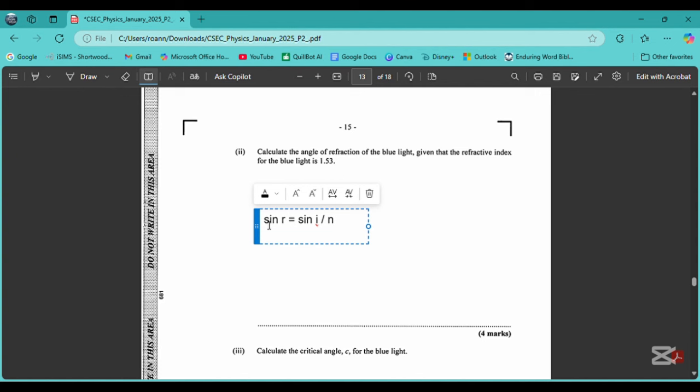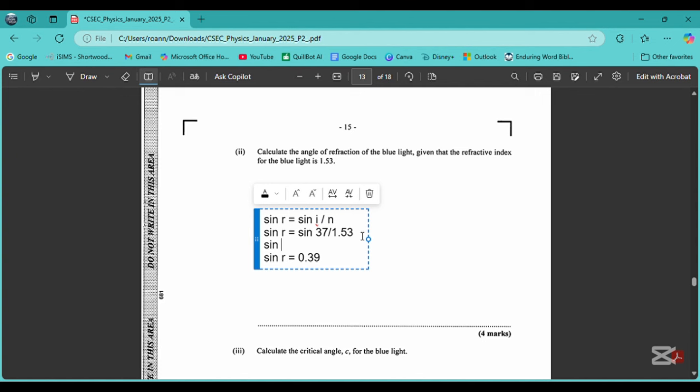But let's work with it like this. Sine r is equal to sine i, which would be sine 37, over the refractive index, which is 1.53. And sine 37 is 0.6. So let's put that here.